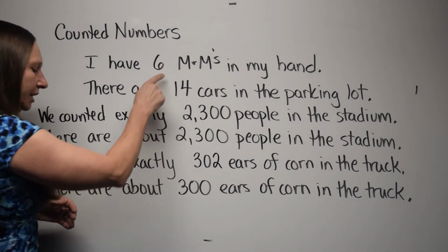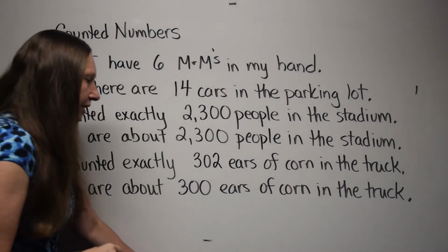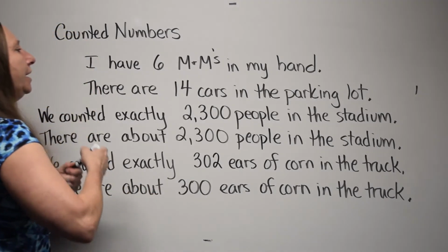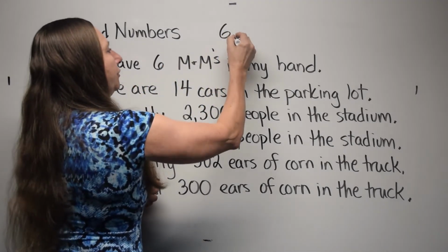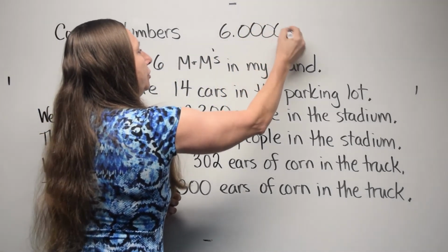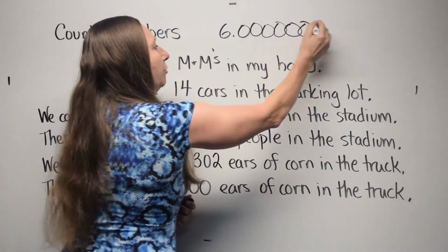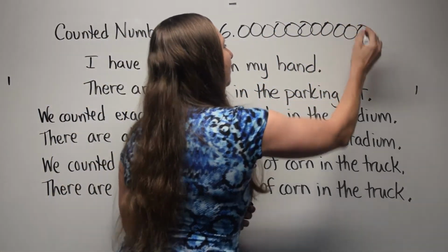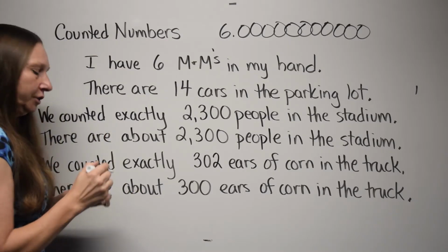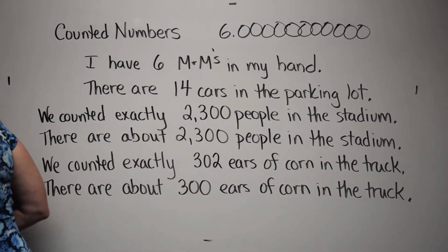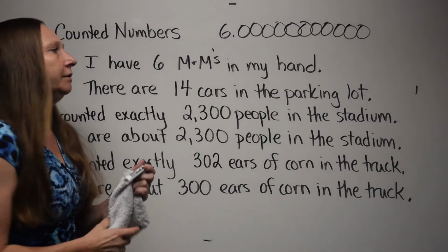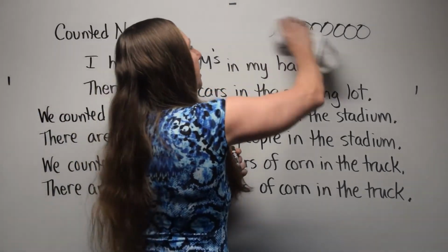So this 6 has infinite significance. It's the same as if you wrote the number 6.000 and an infinite number of zeros, which I'm not going to draw. These are counted objects or counted people.